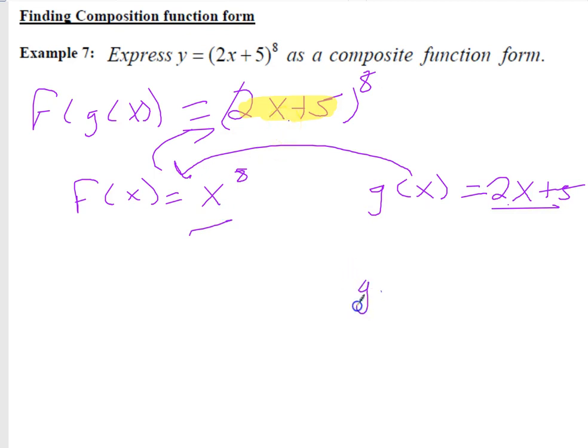Another option is I'm going to make g of x (2x plus 5) squared. Then f of x could be x to the 4th, because when you plug this into this, you still get (2x plus 5) to the 8th. So you can do any combination you want to, but you just have to make sure that when you plug g into f, you get the final answer that you started out with.